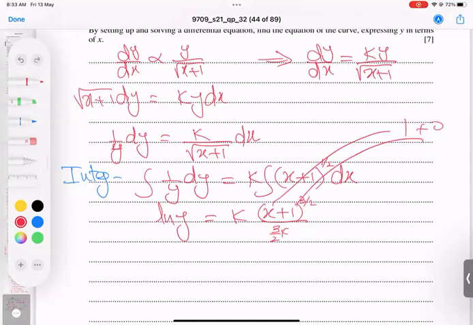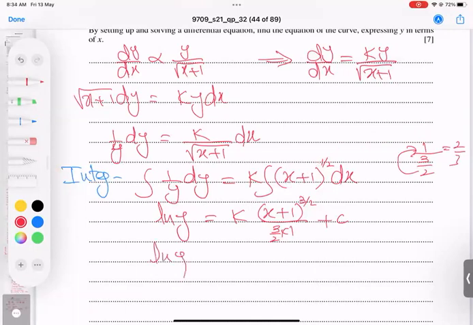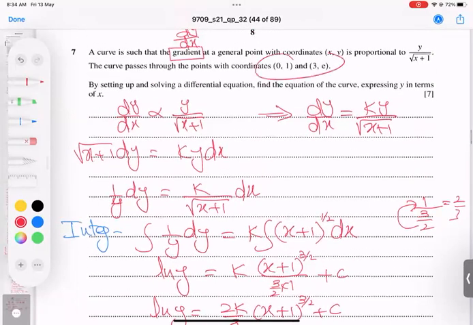So you can write 1 or not, no trouble at all. But I'm writing 1 here, plus C. And 1 over 3 by 2 flips to become 2 by 3. So I'm getting logarithm of y equals 2k by 3 times 2x plus 1 to the power 3 by 2 plus c.